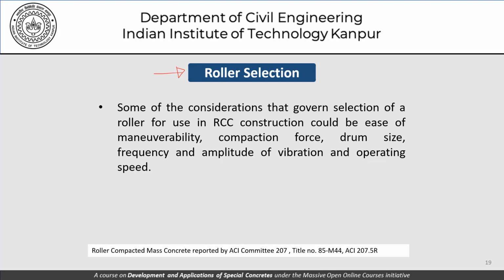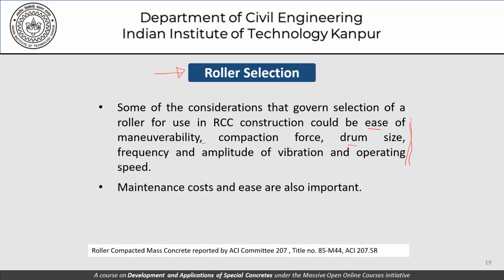So some of the considerations that govern the selection of a roller for use in RCC construction could be the ease of maneuverability of the roller, the compaction force, drum size, frequency and amplitude of vibration, and the operating speed. So these are some of the characteristics that we must keep in mind when we are doing a roller selection for a site which plans to use roller compacted concretes.